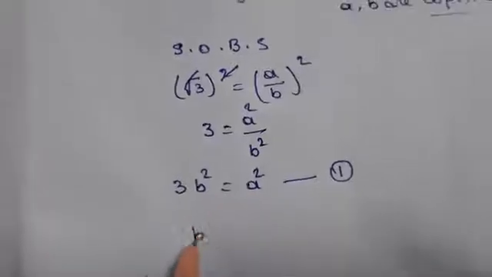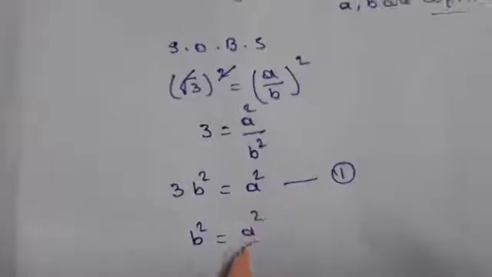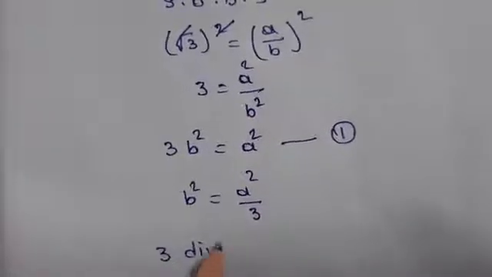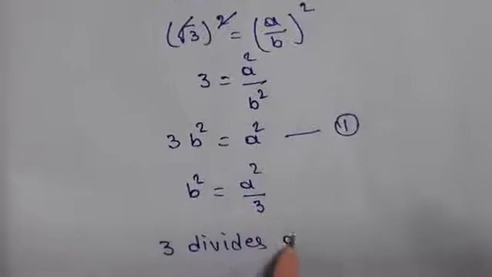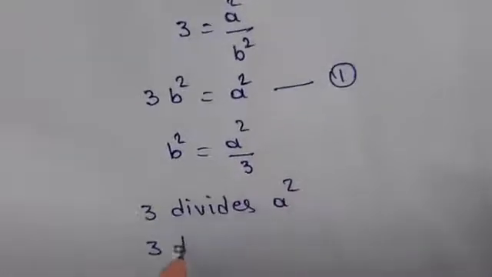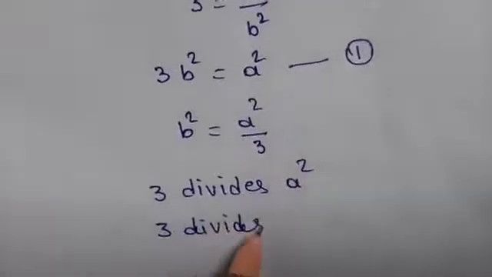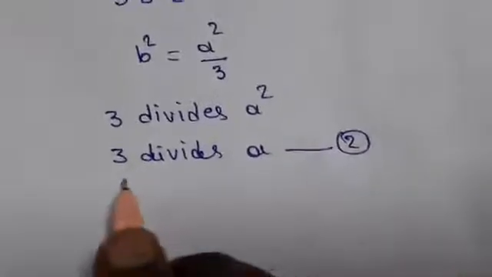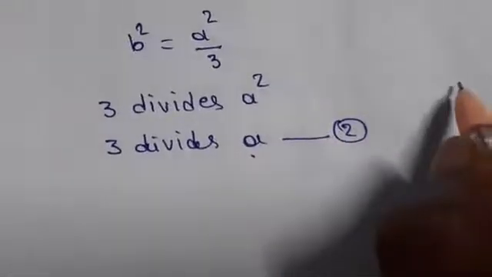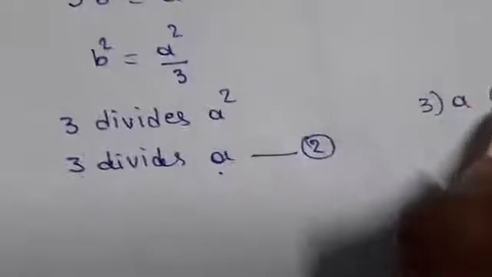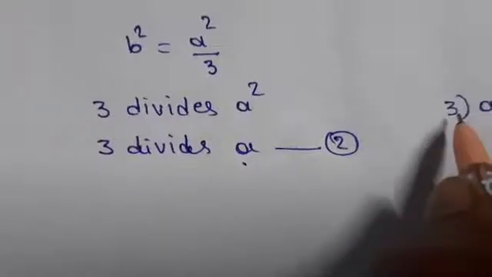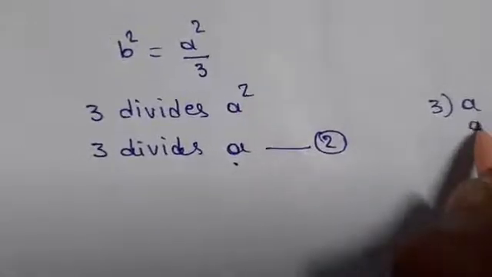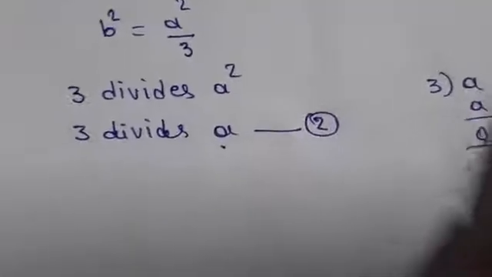Here b square is equal to a square by 3, which means 3 divides a square. Similarly 3 divides a. Take this as 2. Here 3 divides a. That means 3 exactly divides a. So 3 divides a c times, then we get a remainder equal to 0.